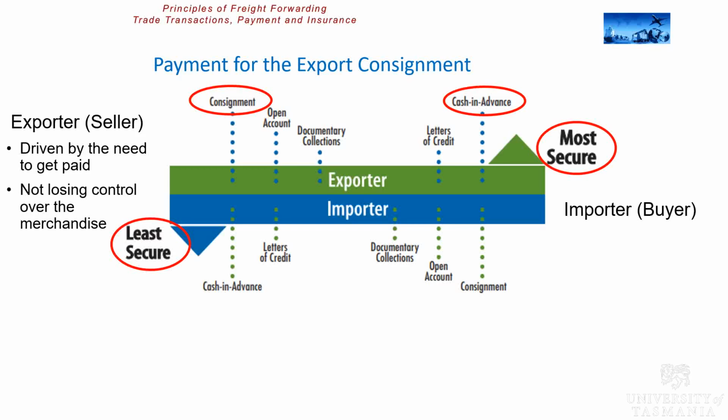So that's the last situation that they really want to find themselves in. However, they might be prepared to do that if they know the buyer very well, or they might need to do that if they might be a little bit more desperate to make that sale. Maybe they just want to dip their toes into the export scenario just to understand the process and whether there's demand for their product.